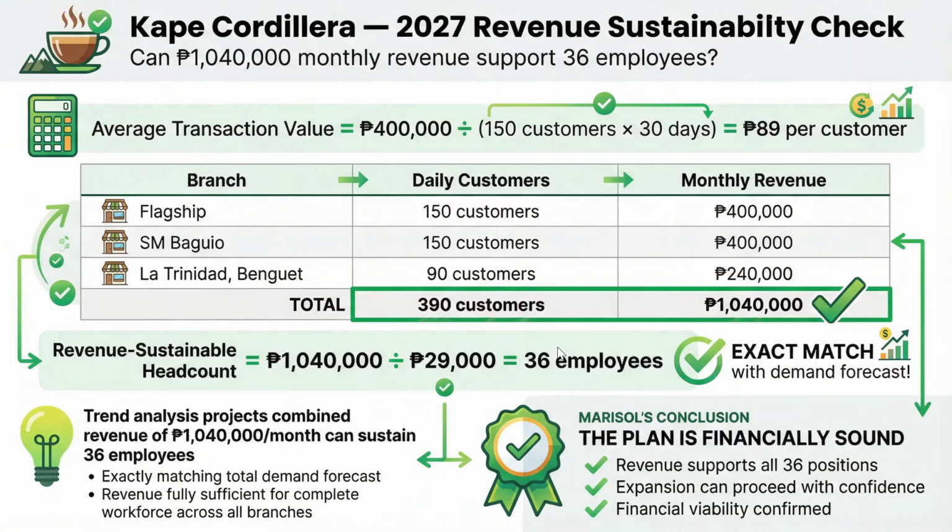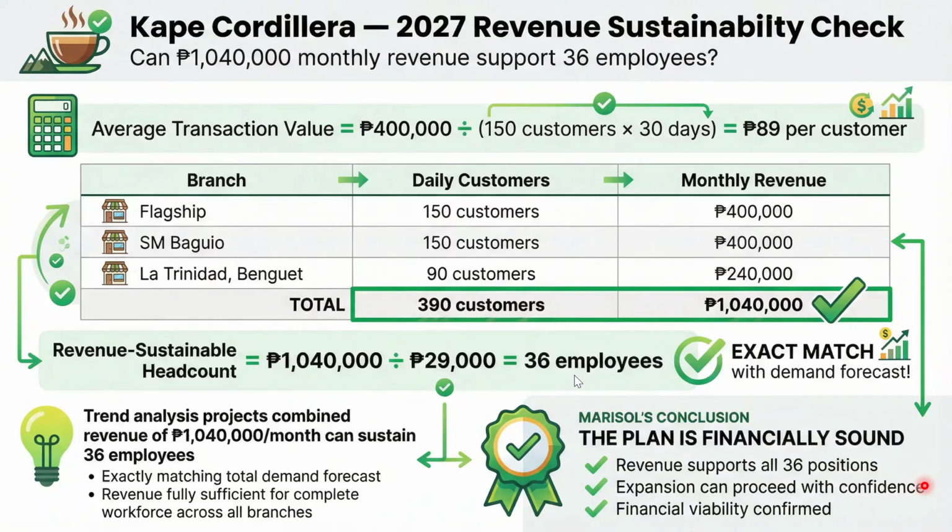So, anong ibig sabihin yan? So, ibig sabihin, yung plano ni Marisol to hire based on the forecasting demand, we could or she could actually sustain. So, ibig sabihin, revenue supports all 36 positions, expansion can proceed with confidence, and there is financial viability.